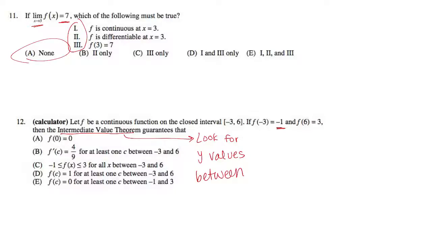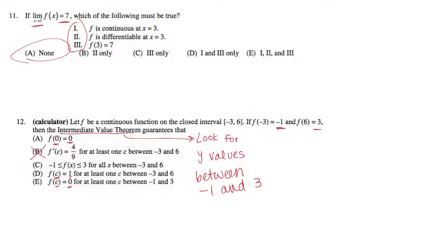Your y values that you're given would be -1 and 3. And so right away, notice it says f at c has to equal 1 and f at c has to equal 0 and f at 0 has to equal 0. Now the intermediate value theorem says nothing at all about a derivative, so you can go ahead and throw that out.